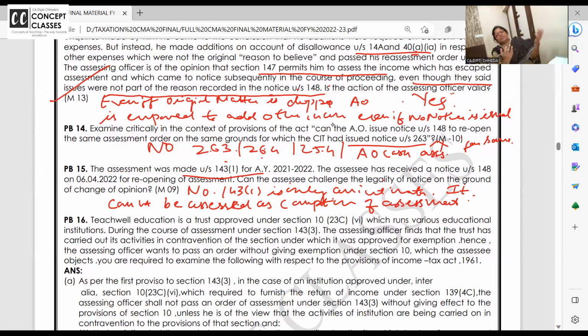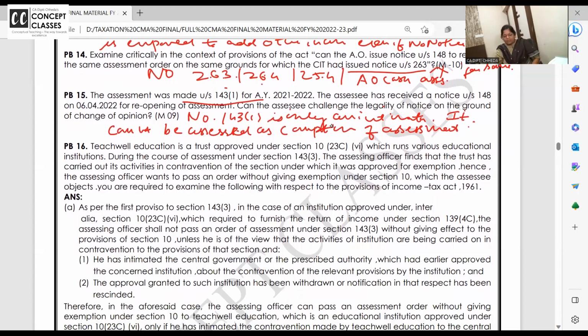Ma'am, already the assessment is complete in 143(1)? I am saying 143(1) is just an intimation. Okay, whatever you have submitted, we are accepting. If there is any arithmetical error and all, we will do the correction. Okay, chalo. You cannot say that the entire assessment is over in 143(1).